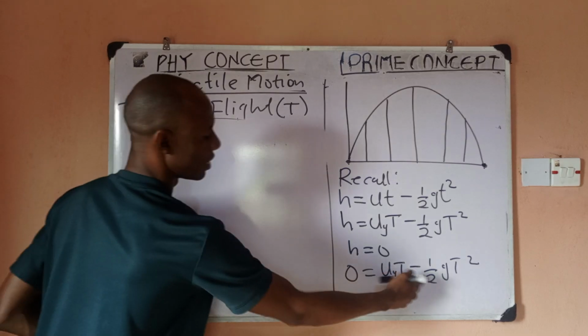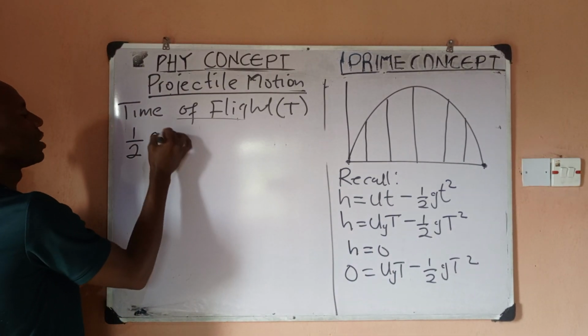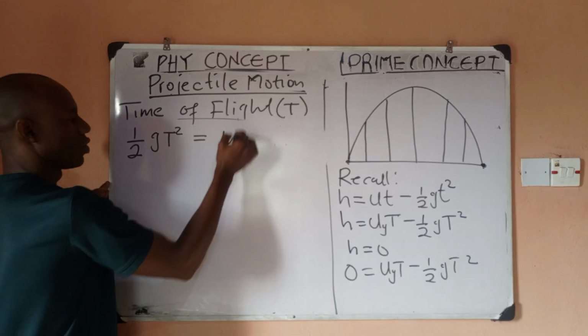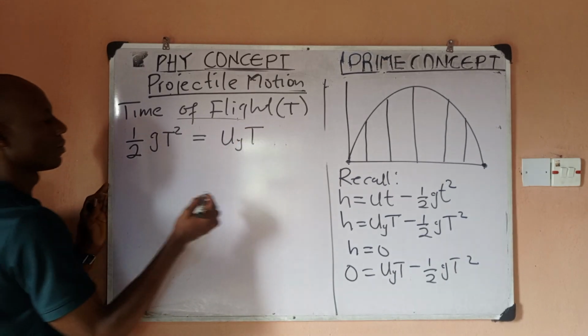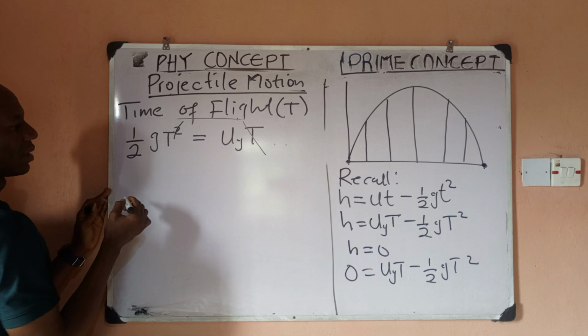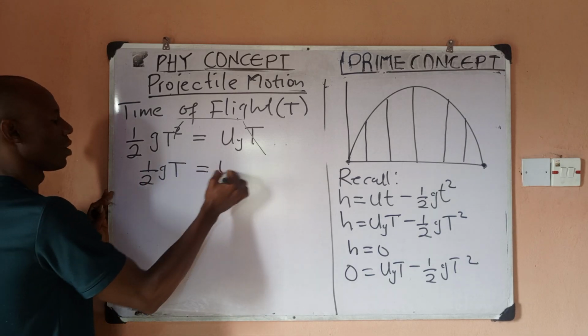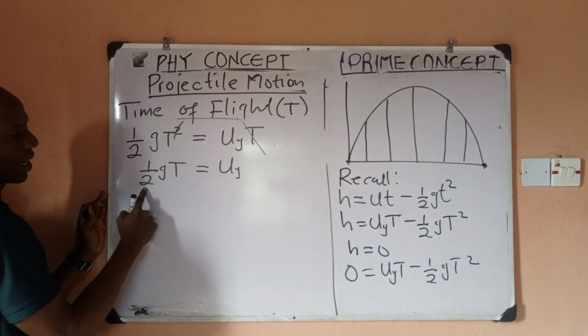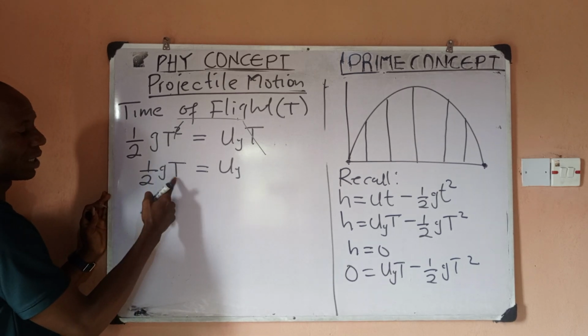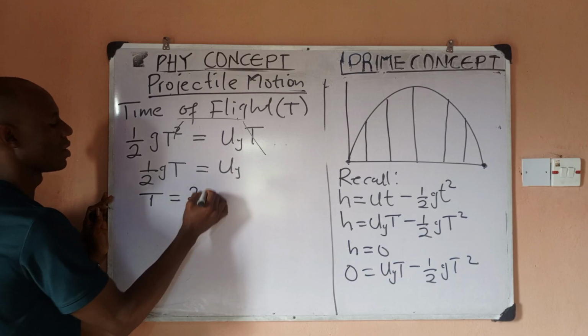I'll then have half gT squared equals uyT. You would notice that one of these T would cancel one of these, right? So I have half g times T equals uy. So if I cross multiply, let me quickly make T the subject. I'll have that T becomes 2uy divided by g.